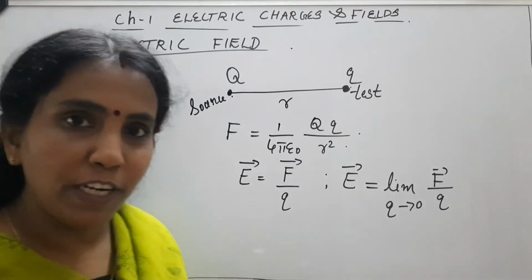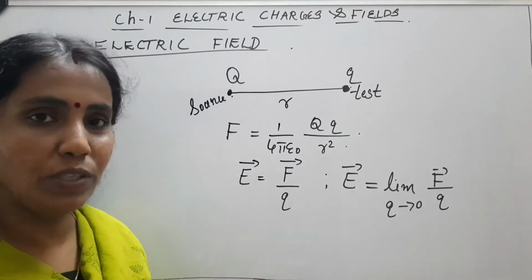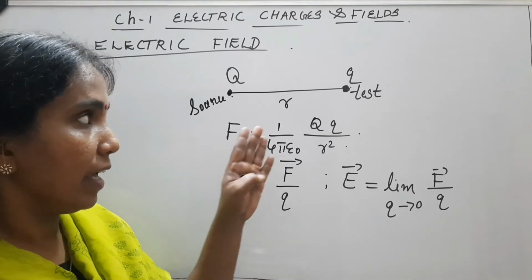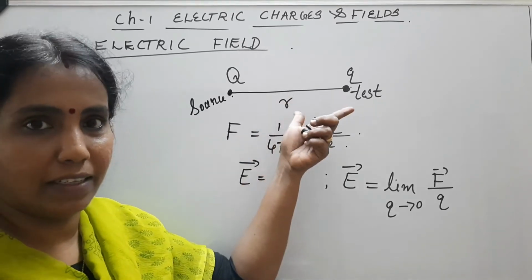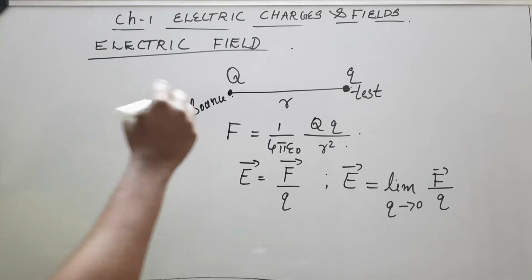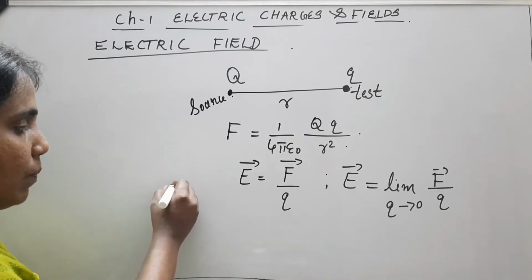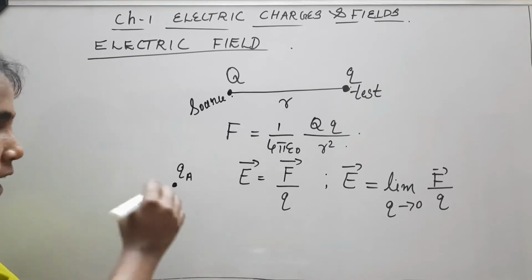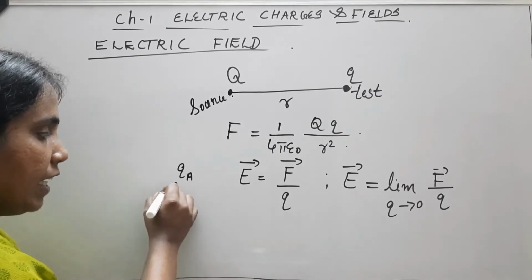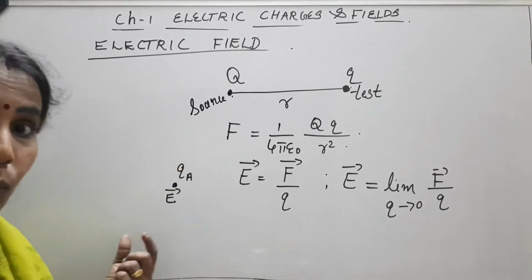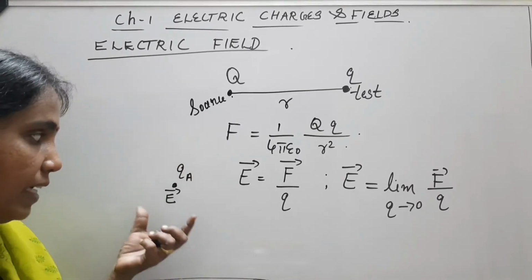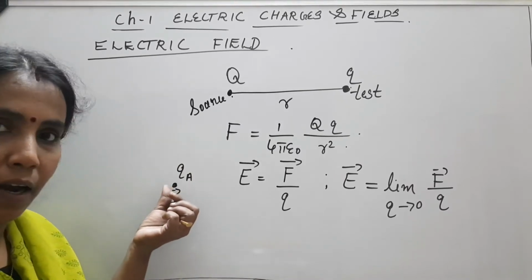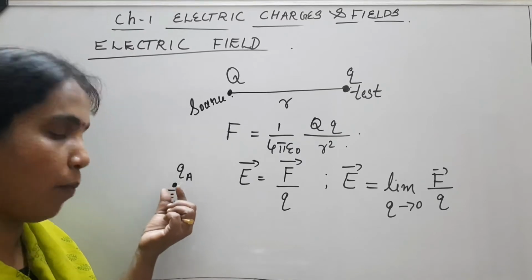Now, from the definition of electric field, one more thing we can say: if a field is there, that means if you keep a charge, suppose we keep a charge QA at this point where an electric field E is there. We don't know who produced that electric field. An electric field E is present at that point.